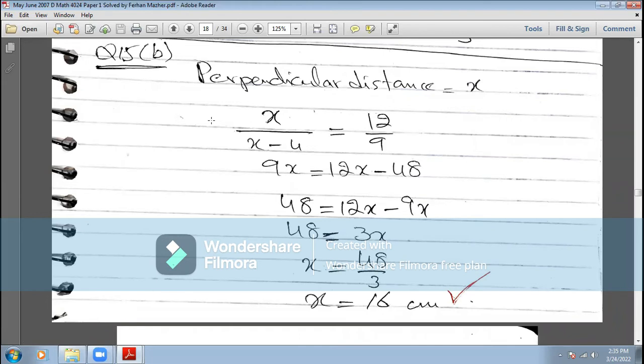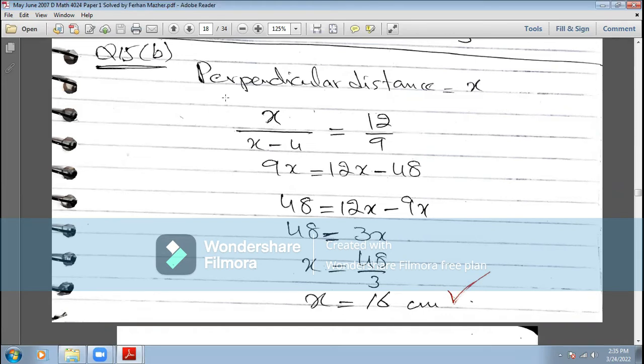The perpendicular distance, suppose that is X, and because the small triangle and the big triangle are similar to each other, we will compare their sides.